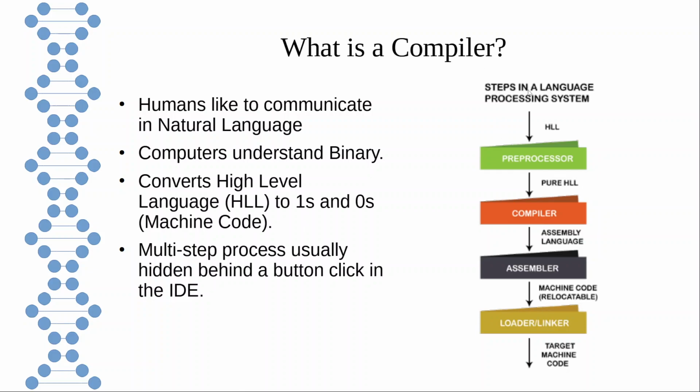So the compiler is a multi-step process. Sometimes you will find two steps only, sometimes you will find four steps in the compilation process, but generally it's a multi-step process which translates a high level language like Pascal or Python or C++ also.